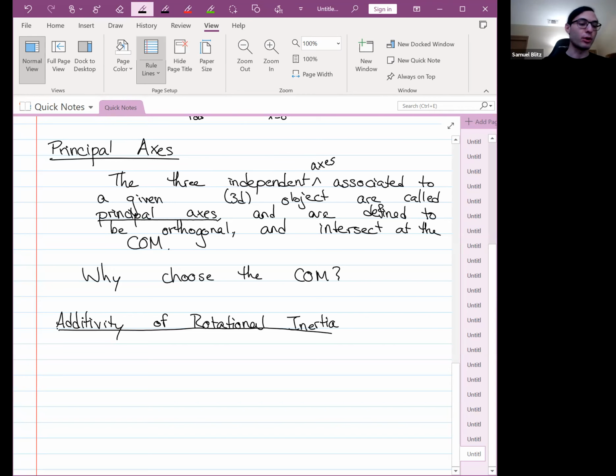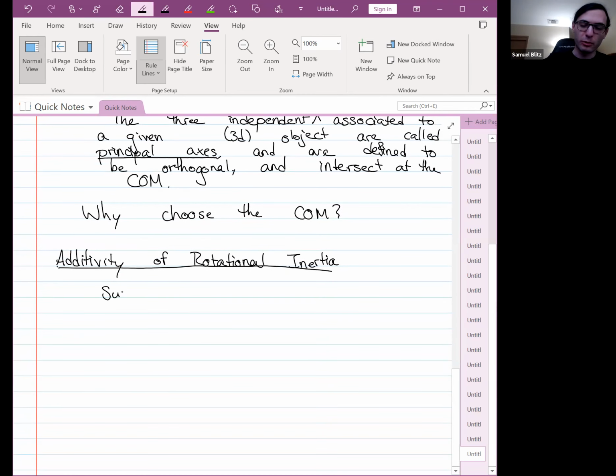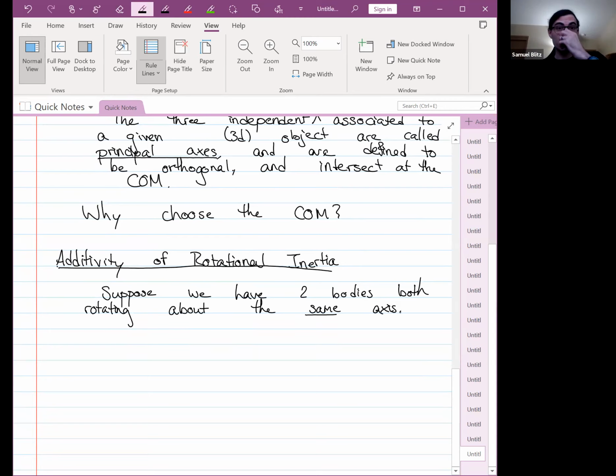So for example, suppose we have 2 bodies, both rotating about the same axis, and that's important. They have to be rotating about the same axis.